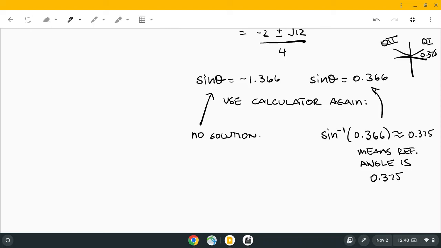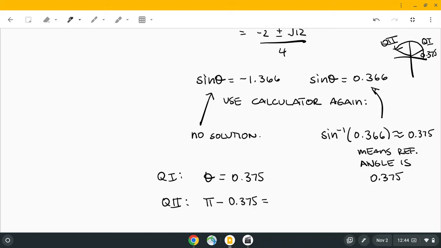All right, so if I want the quadrant 1 angle, that's actually going to be 0.375. So one of my angles is 0.375. And if I want the one that goes all the way here, so this is my quadrant 1 angle. That one was easy. The quadrant 2 angle is going to be pi minus our reference angle, 0.375.